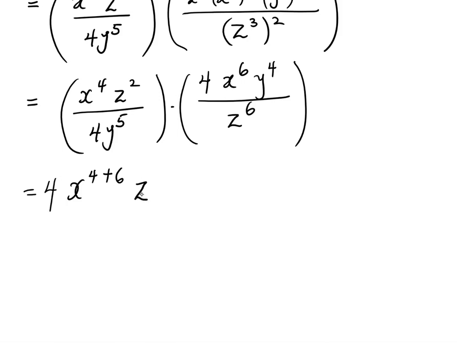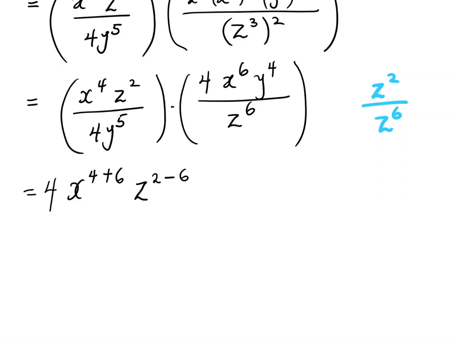For z, that is z raised to power of 2. But because it is at the denominator, it's like we have z raised to power 2 divided by z raised to power 6. So you know how we are going to undo that. So that is z raised to power 2 minus 6.